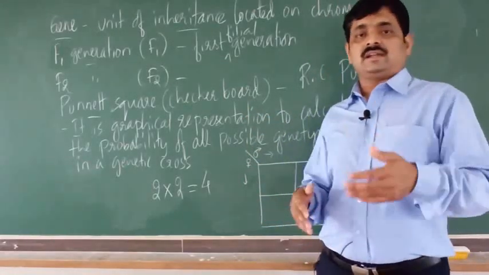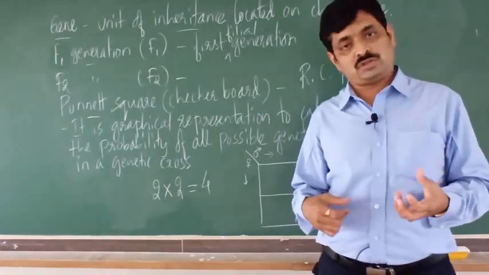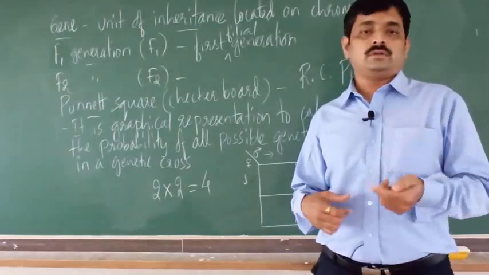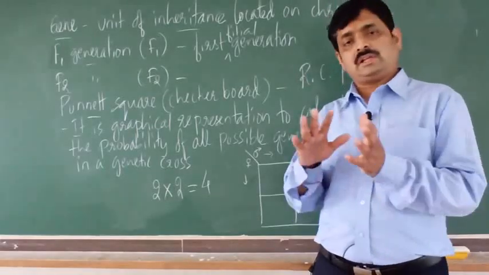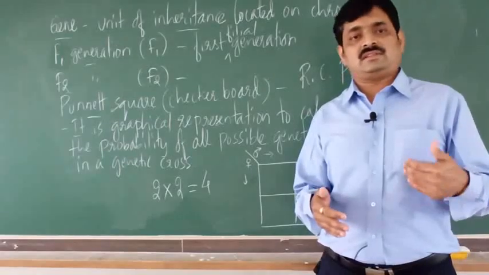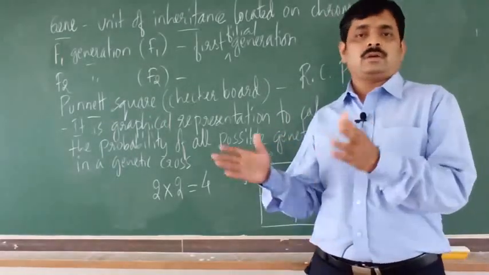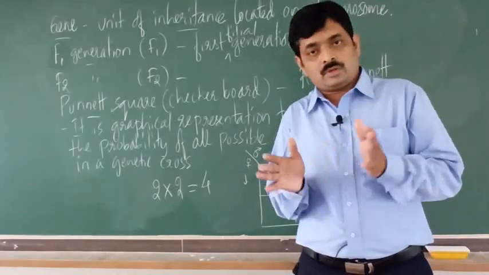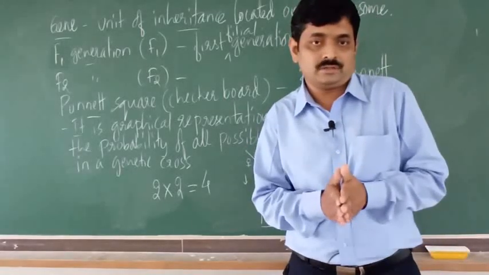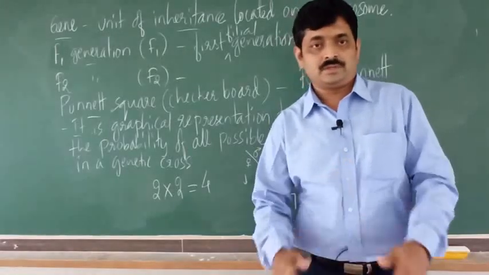After that we discussed the first filial generation, F1, and the F2 generation, the second filial generation. F1 is obtained by crossing parent plants, and the F2 generation is obtained by crossing the F1 plants.